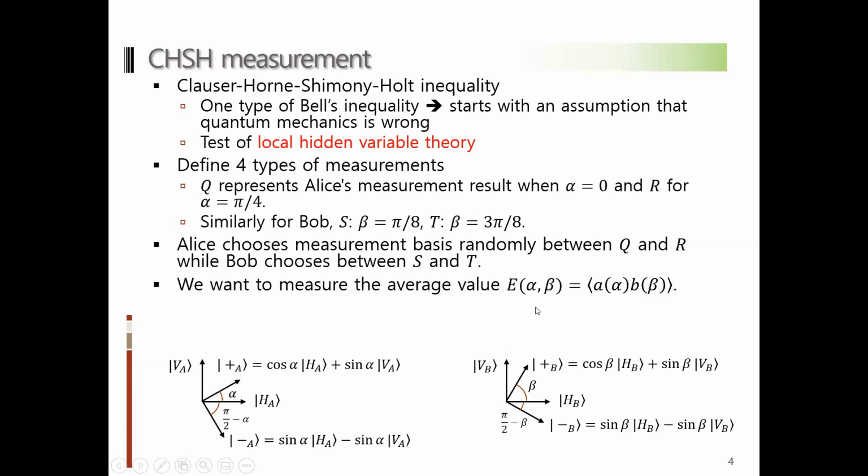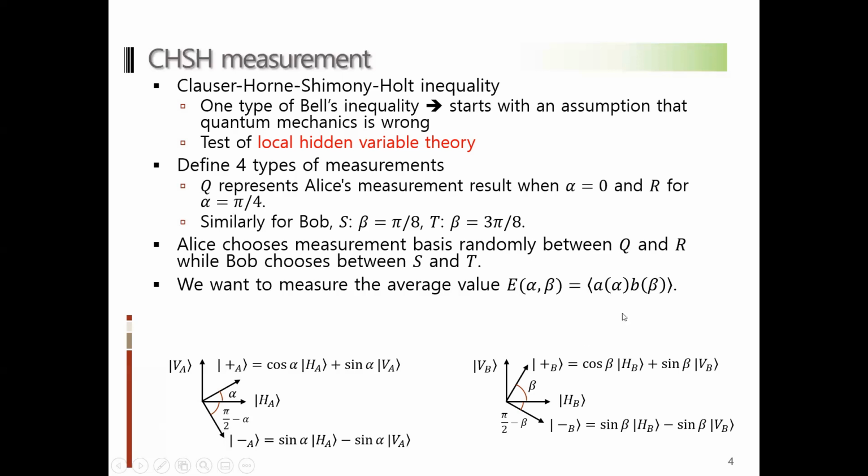What we actually want to calculate is the average value, where for each trial, Alice can choose between the Q and R basis, and for each choice she will obtain either plus one or minus one.